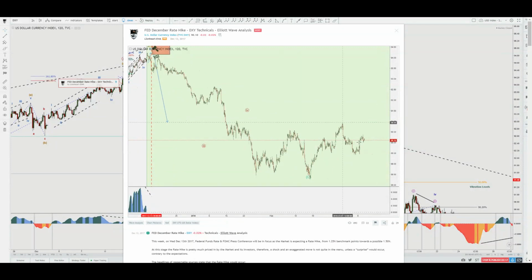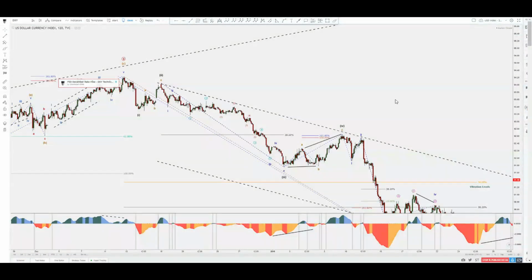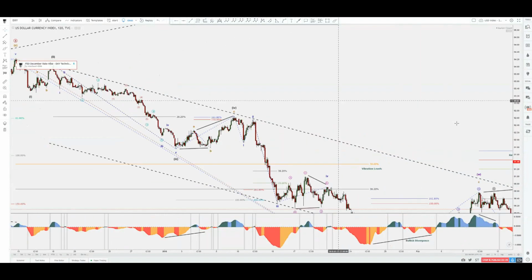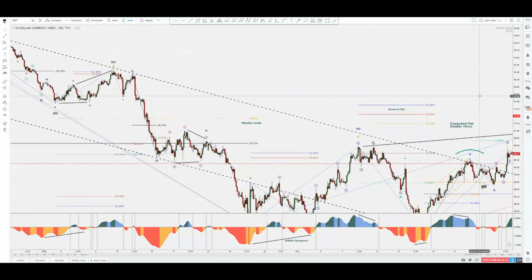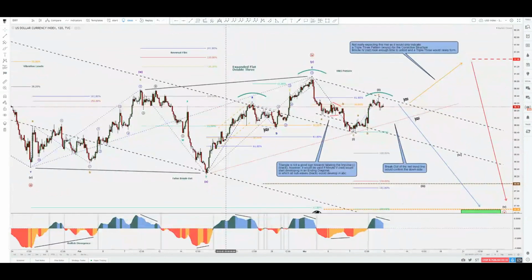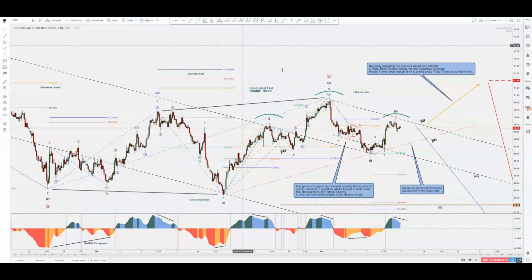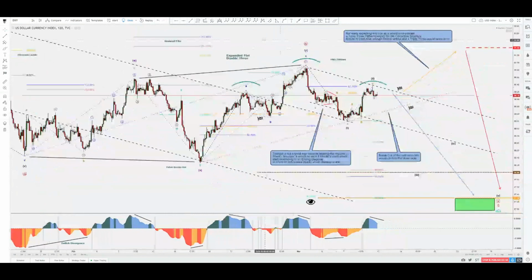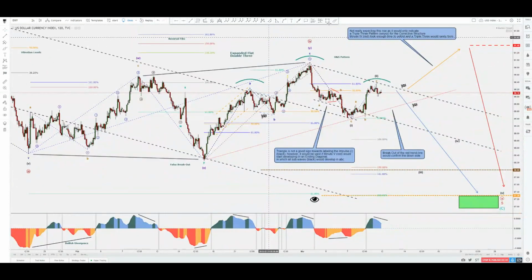So what I'm going to do is analyze this entire corrective structure. It's still correcting. I don't really see an imminent bullish run right there. So let me put this up for you guys and share with you my thoughts here. Okay, there we go, nice and tidy.